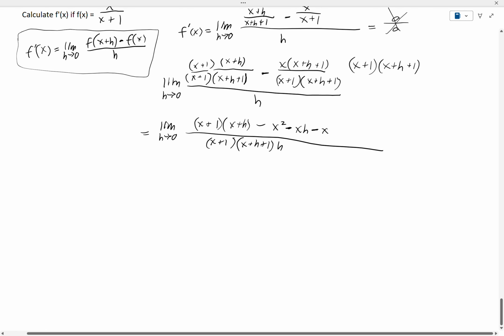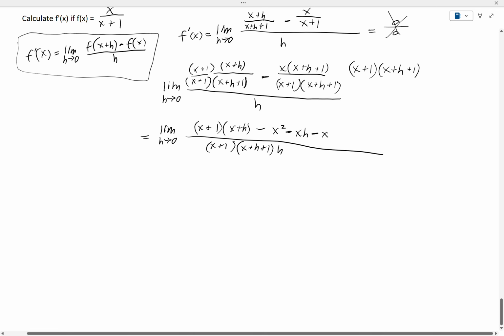So there we go. And this still isn't simplified enough. If I were to plug in 0 for h and try to solve the limit that way, I'd still be getting 0 over 0. So to simplify it a little more, I'm going to perform this distribution here at the beginning. That's just going to be FOIL.